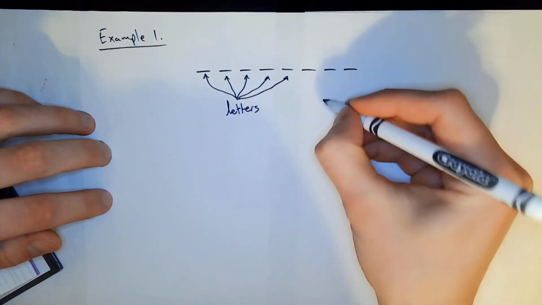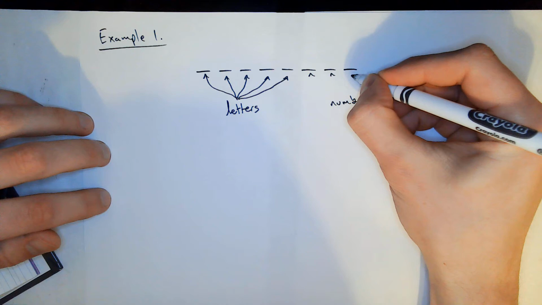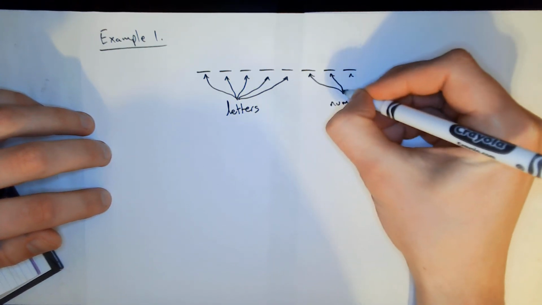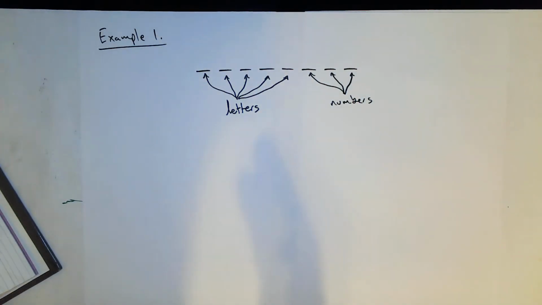And then the last 3 being numbers. And they went ahead and told us that all the letters should be lowercase just to avoid any complications with uppercase or whatever. So there we go.